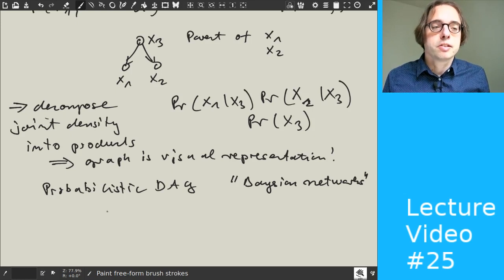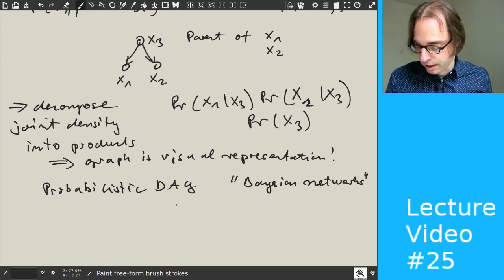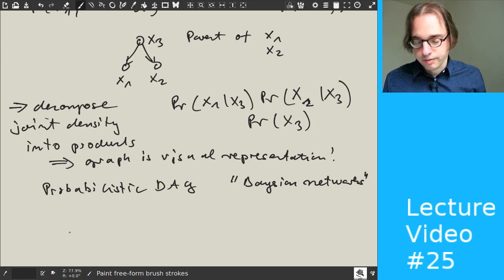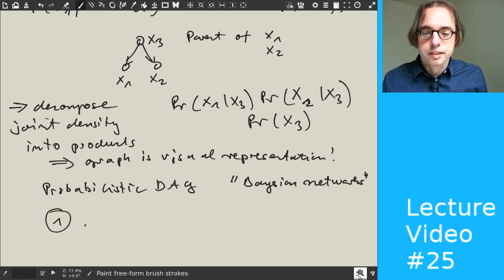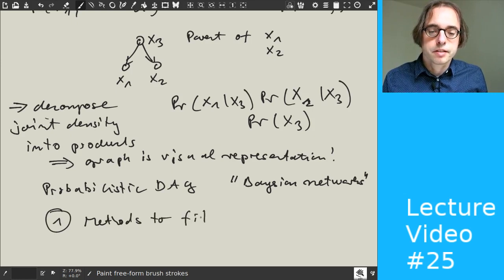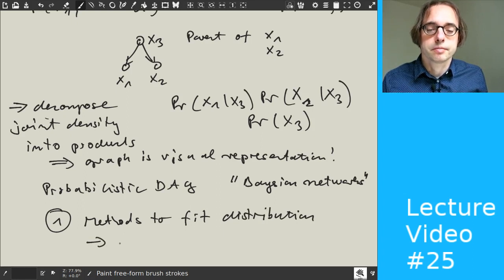Now all the methodology in graphical models focuses on how to learn the graph structure and the associated probability distributions from data. So we need methods to fit the distribution, because once we know the distribution, we know the underlying graph, in this case the DAG.